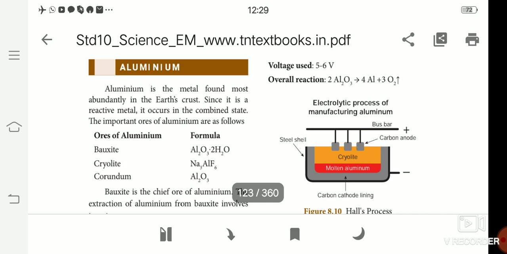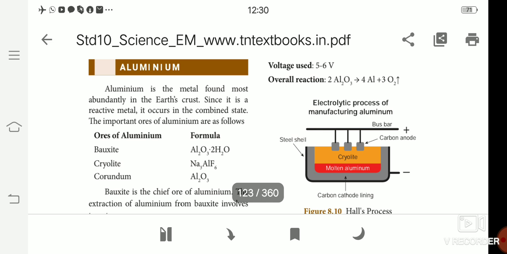Then aluminium as a reducing agent: iron oxide, Fe2O3, reacts with aluminium to give iron metal and Al2O3. This process is the aluminothermic process. Iron oxide is heated with aluminium to give iron and alumina.